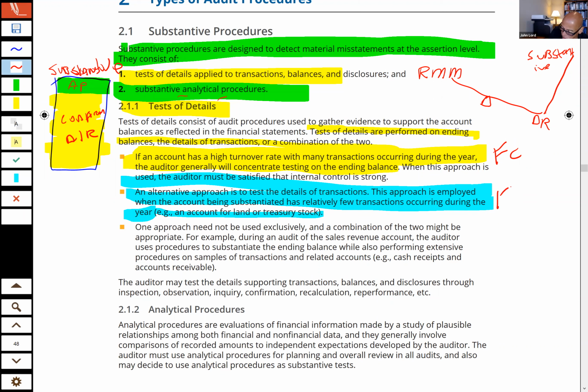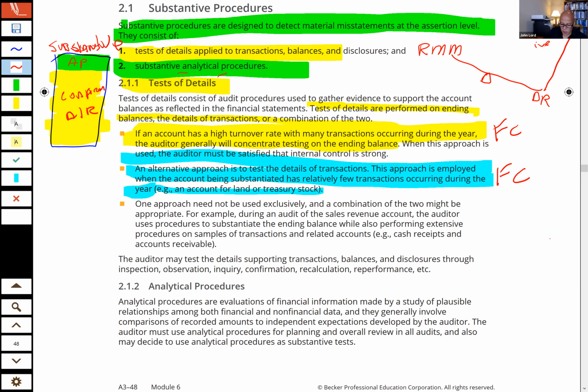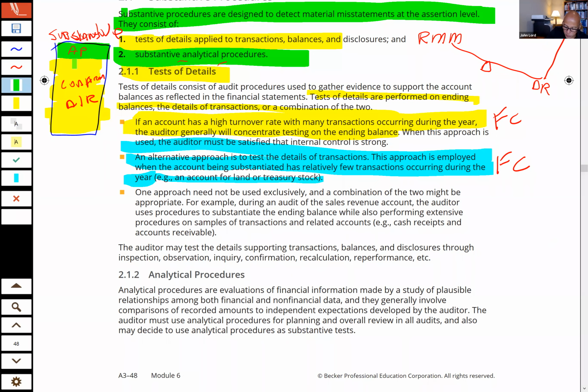Test the transactions. So you can go ahead and flashcard that. And you don't use one exclusively. You can have a combination of the 2, and most entities would do that. Okay, good.